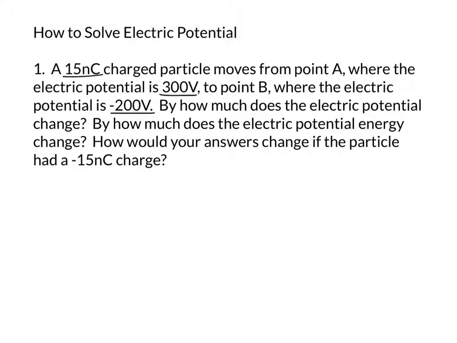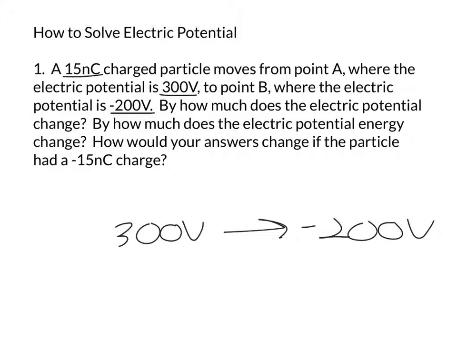If you go from 300 and you move to minus 200, you have lost potential. In fact, you've gotten a net change of 500, negative change. So how much does it change? It changes by minus 500 volts. That's the potential change. That should be pretty straightforward.